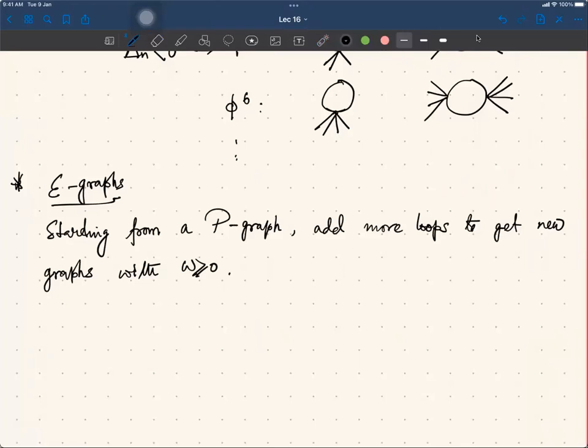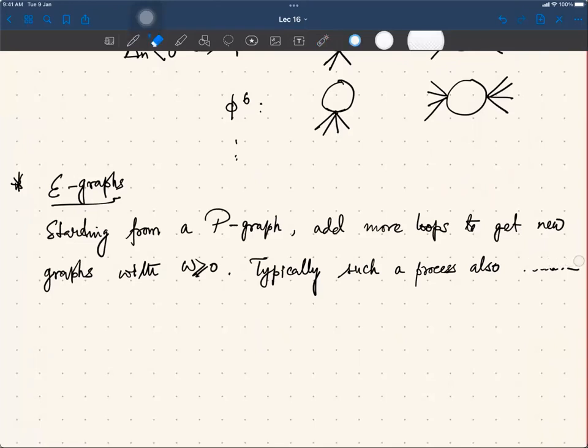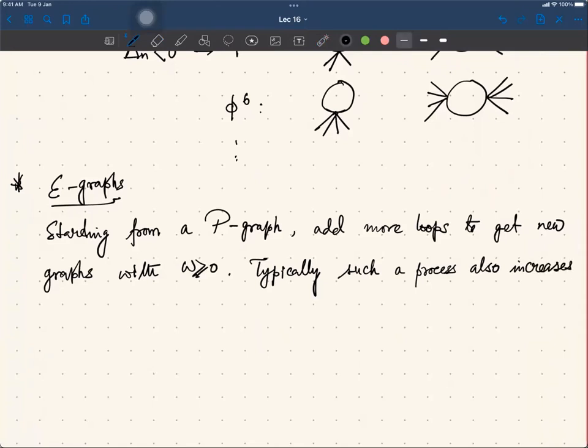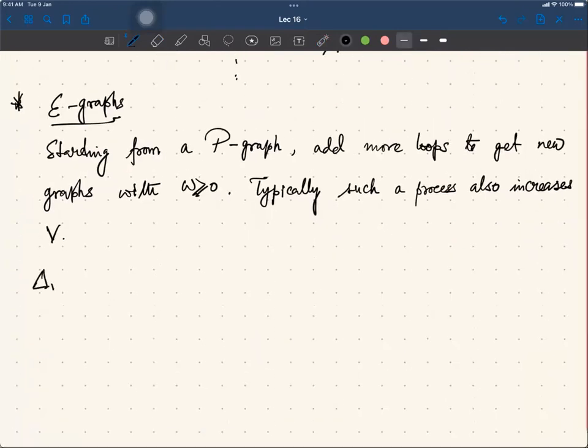Typically, such a process also increases the number of vertices. So if delta n is greater than 0, then omega reduces as v increases. So such a process cannot continue forever.